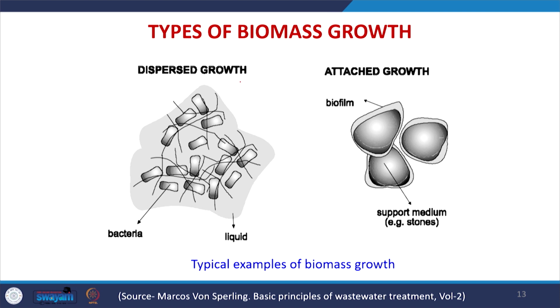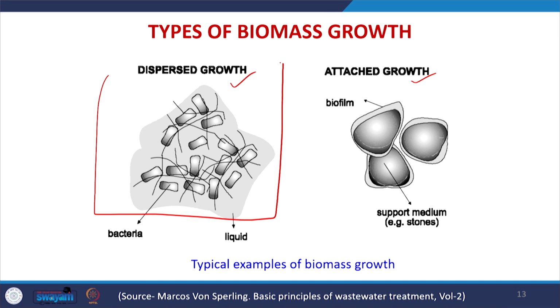So, types of biomass growth. We can see here the dispersed growth, okay, and the attached growth. In the dispersed growth, this whole system may be inside a wastewater treatment plant, and some reactor may be there. So, this is one reactor we can consider, and we can see all the bacteria are dispersed all throughout this reactor.